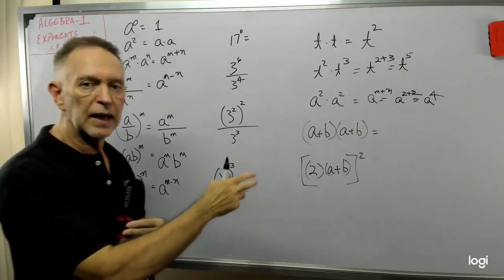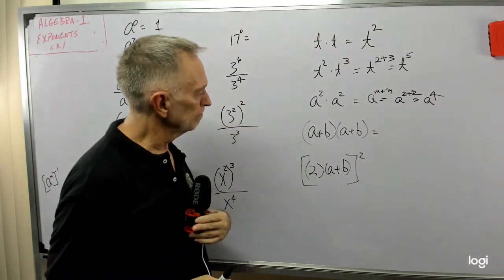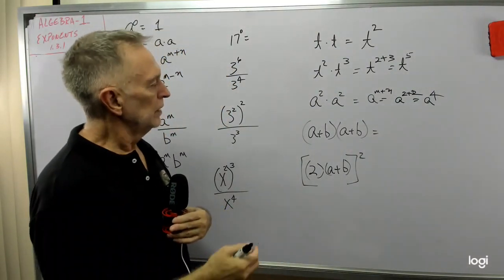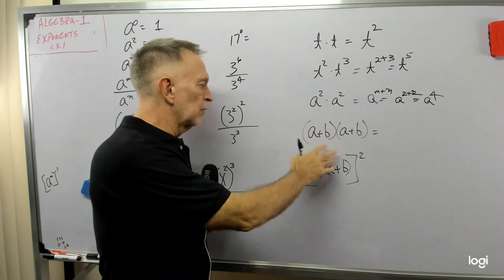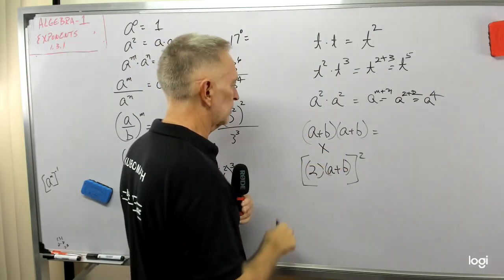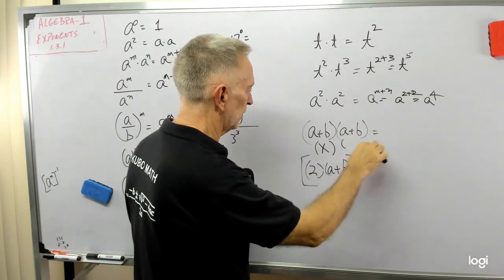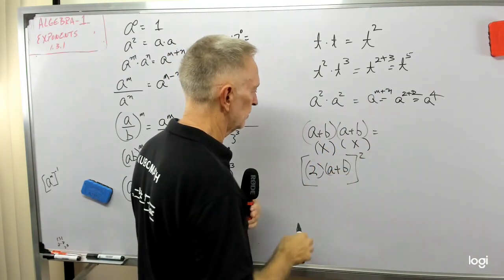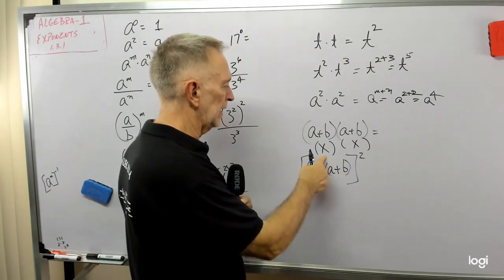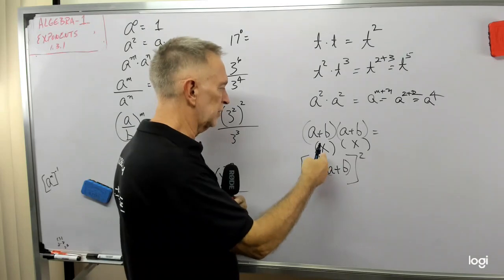Okay, what about a plus b times a plus b? Well, if I imagine for a moment that everything in this parentheses is x, which means everything in that one is x. How many x's do I have? 2. It's x times itself twice.